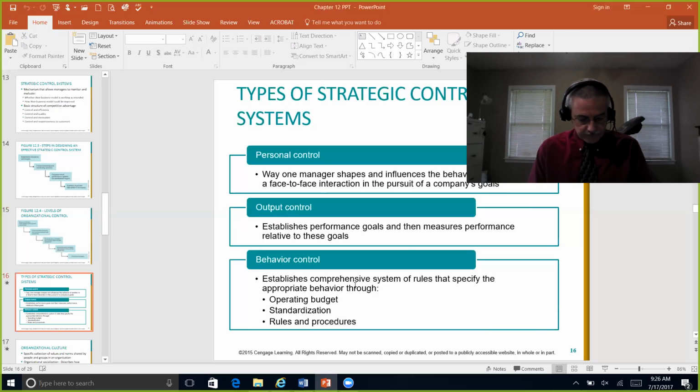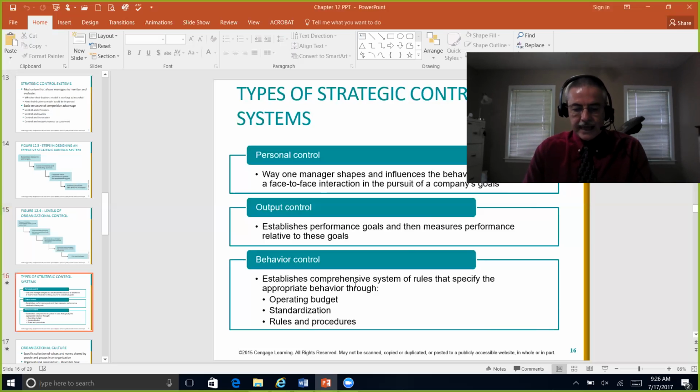Another way is through standardization, by which a company specifies to the employees how decisions are going to be made, what type of behaviors are going to be allowed and what type of behaviors are not going to be allowed. Typically there are three things that can be standardized. First, the inputs, according to pre-established criteria.